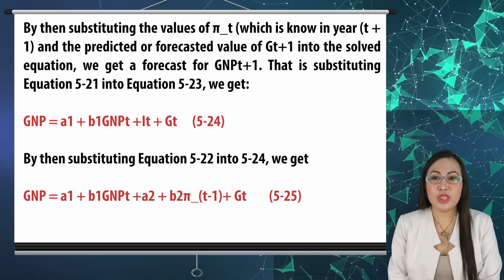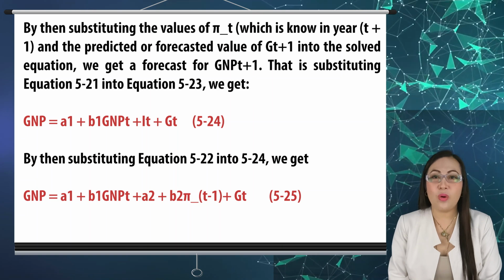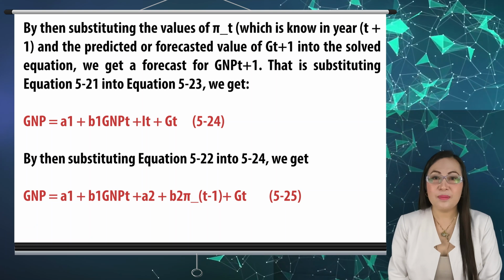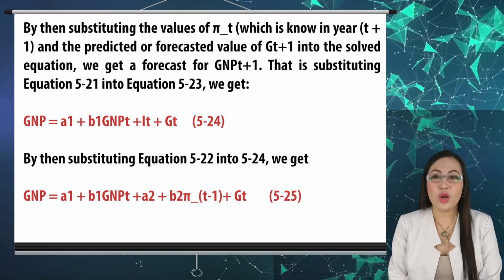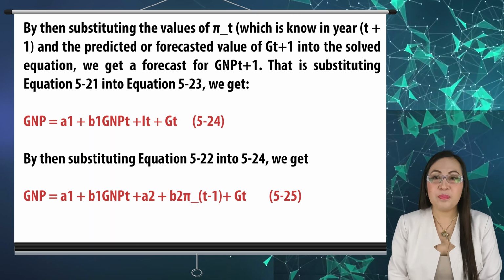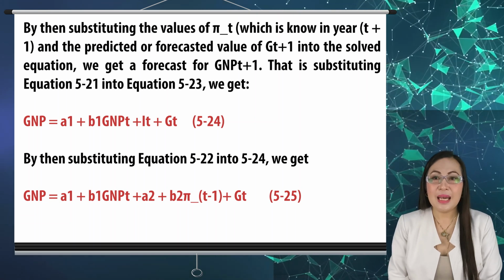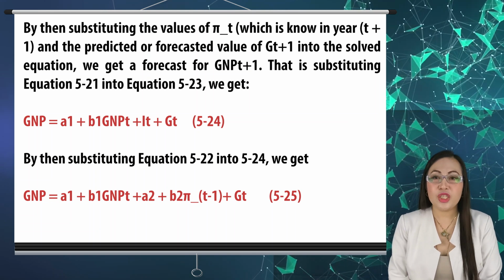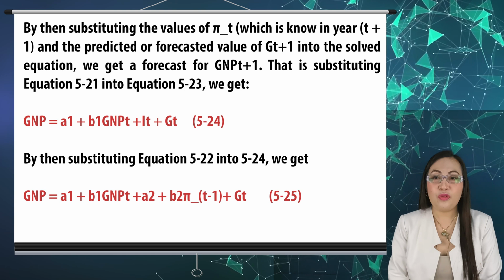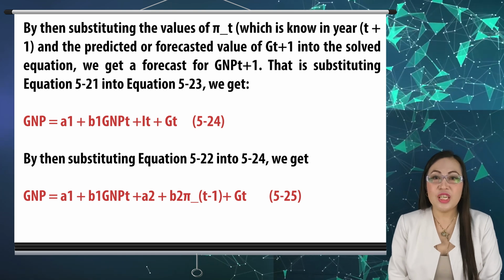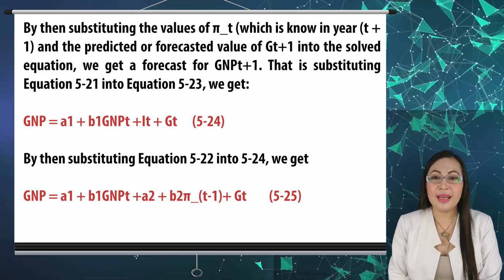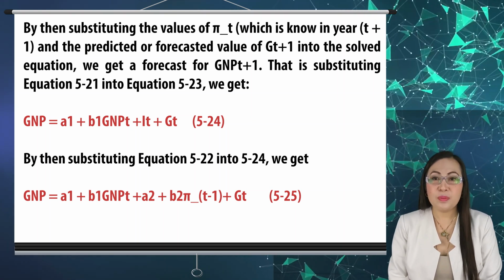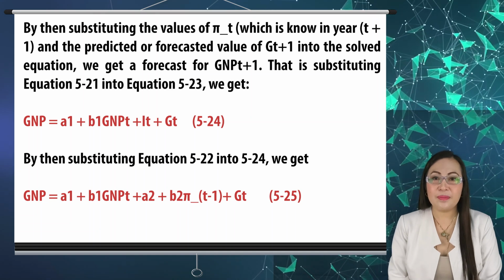That is, substituting equation 5-21 into equation 5-23, we get GNP is equal to A1 plus B1 GNPt plus It plus Gt. By then substituting equation 5-22 into 5-24, we get GNP is equal to A1 plus B1 GNPt plus A2 plus B2 Pi plus Gt.